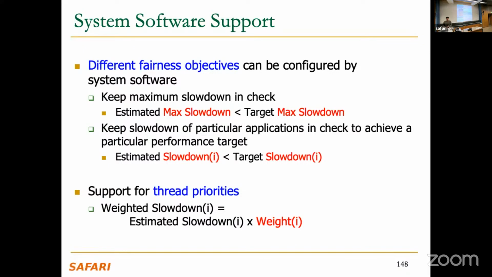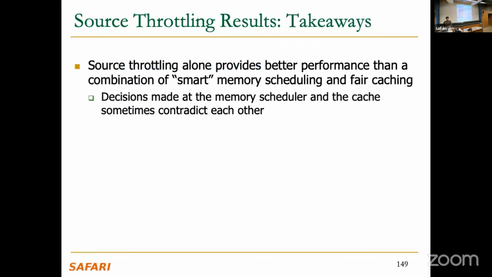Okay, key takeaways: basically, throttling alone provides better performance than a combination of smart memory scheduling and fair caching techniques. I'm not showing you the results in detail, but these are the takeaways.